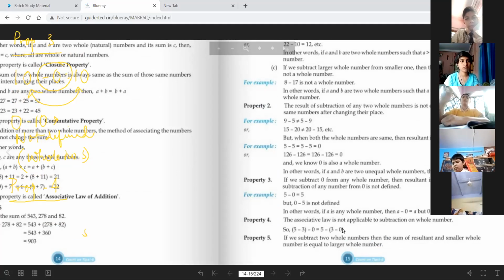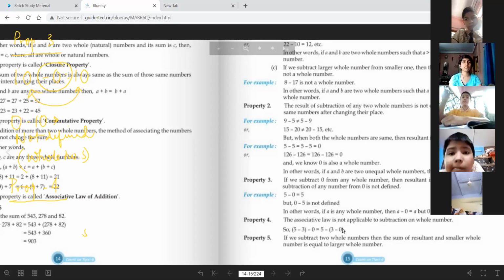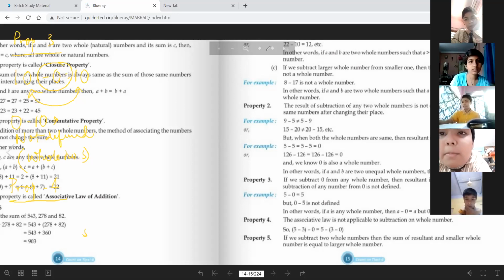But this is not the case. 5 minus 3 minus 1. Here something is wrong in your book. I can clearly see. So I need to check it once more.